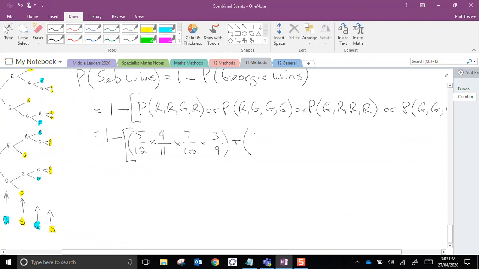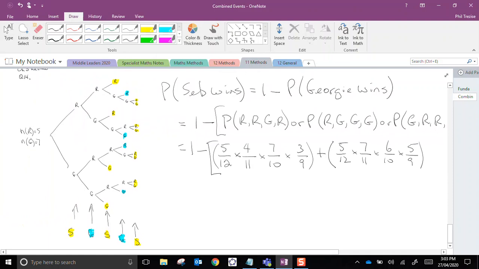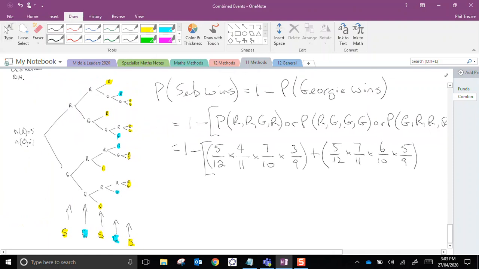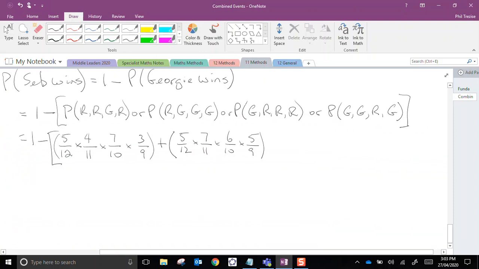Well, there were 5 reds out of 12. Then there were 7 green ones out of 11. Then 6 green ones out of 10. Then 5 green ones out of a possible 9. You could go back to the tree diagram if you like, but the RGGG is the bit we needed. So we're trying to get to this blue terminal, RGGG.